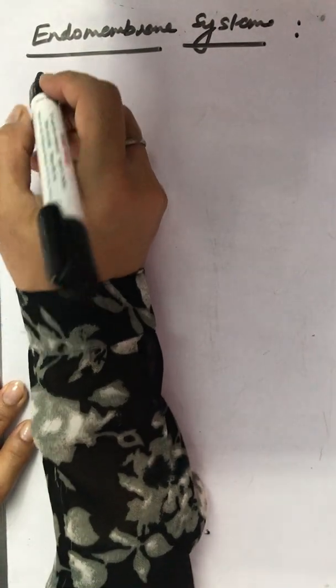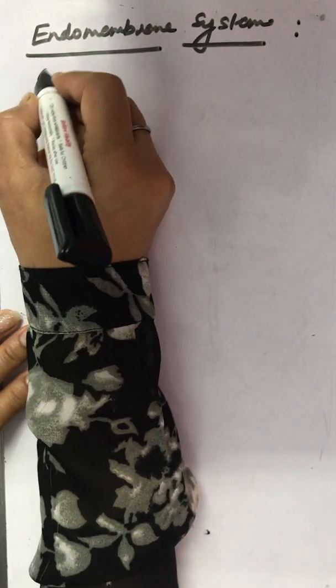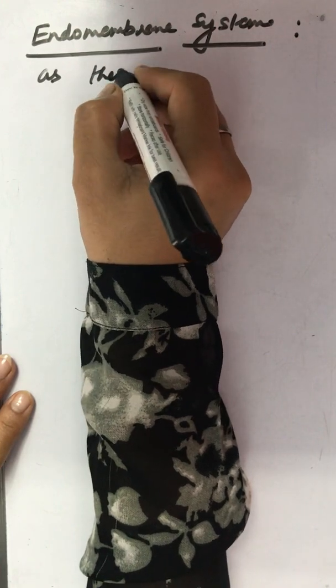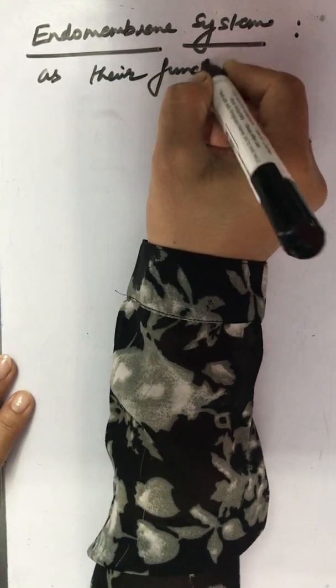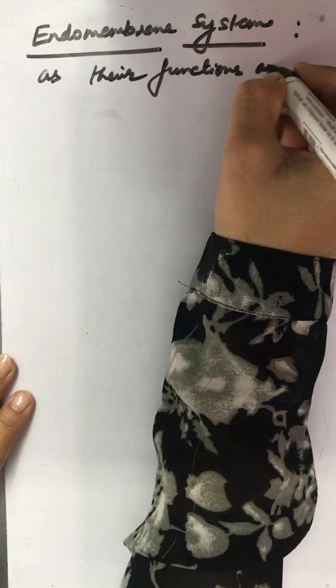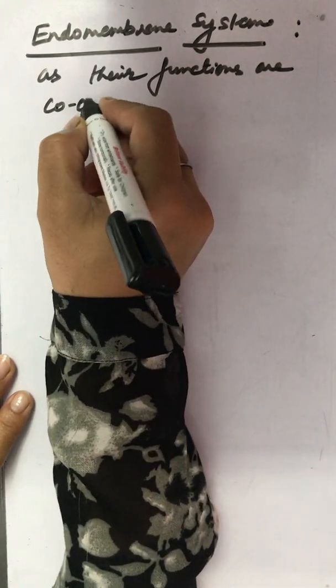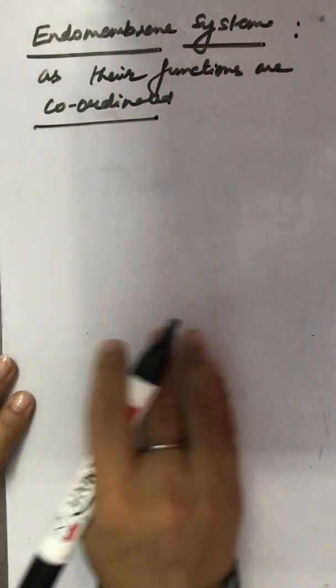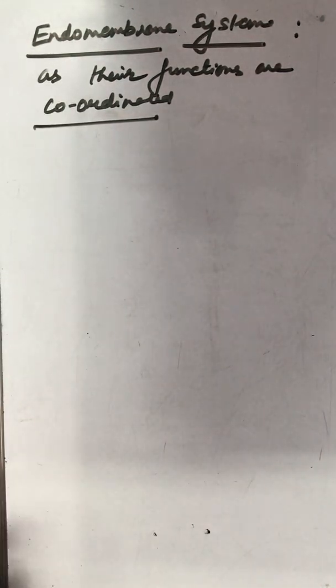Let's write it down. Some of the membrane organelles are considered together as endomembrane system as their functions are coordinated. That's why they are dependent on each other.